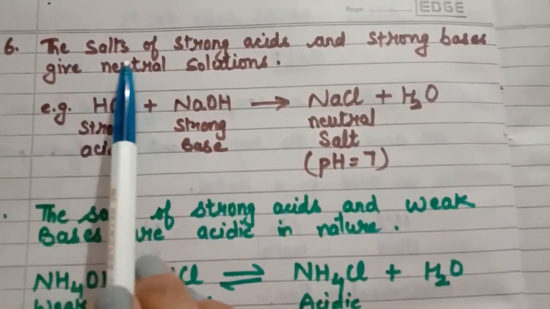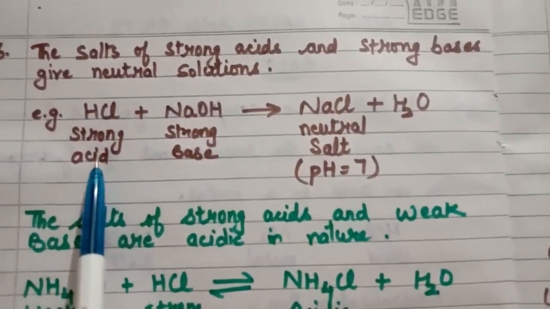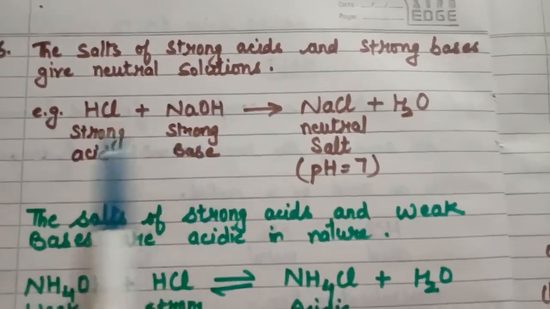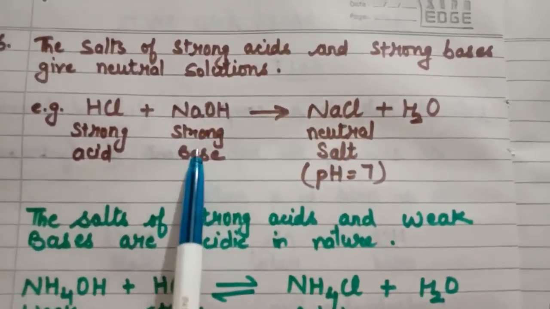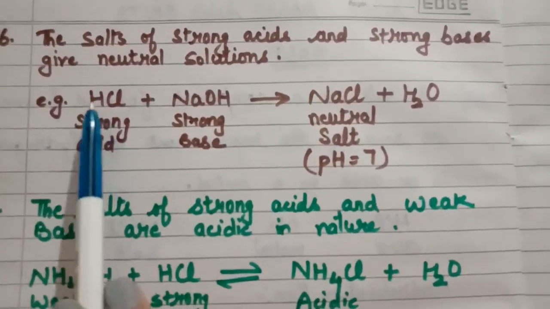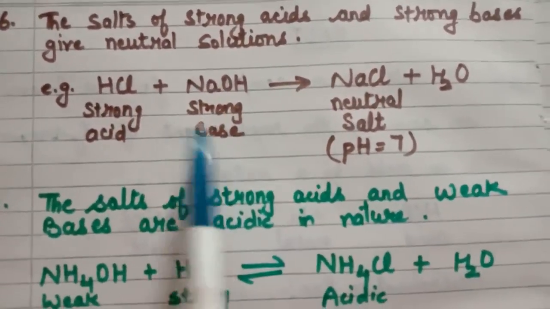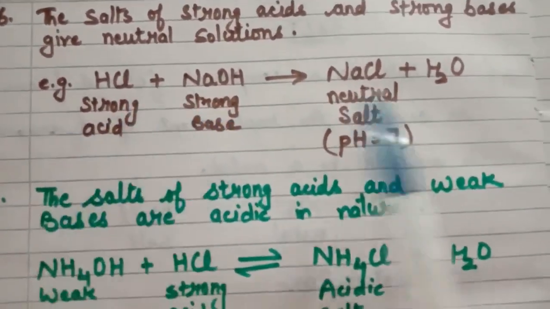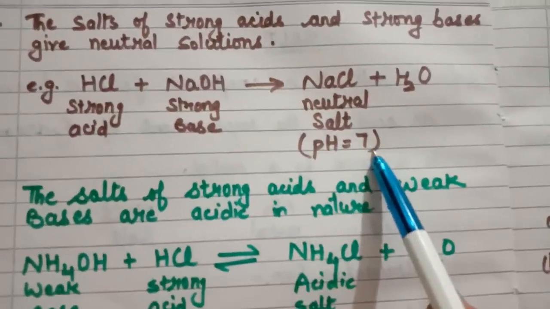For example, if we take a strong acid and a strong base, then its salt will be neutral, not acidic, not basic, because the strength of one neutralizes the effect of the other. So HCl is a strong acid and sodium hydroxide is a strong base. Whenever these two react with each other, they form NaCl, a neutral salt whose pH is 7.